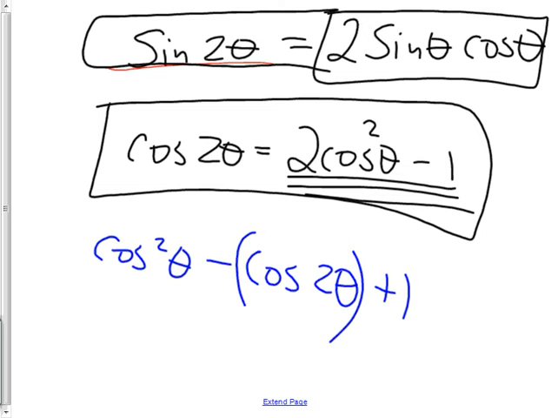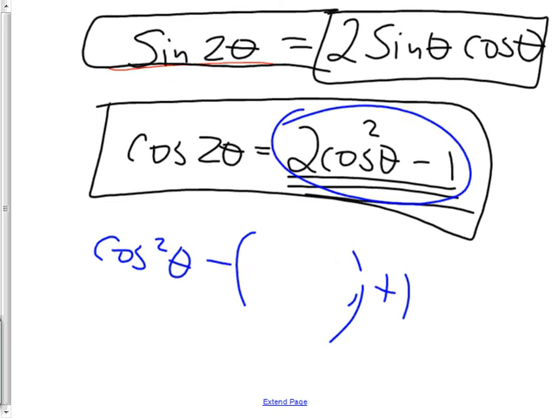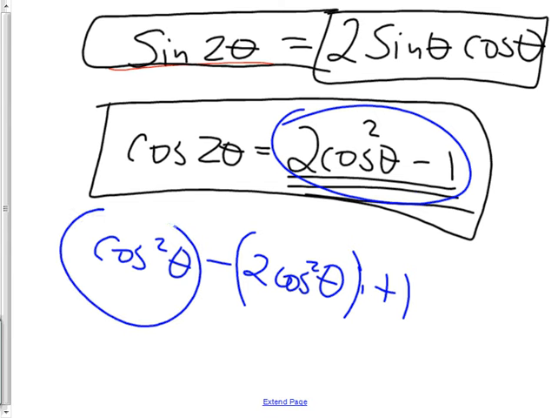So how would you have done this one? You erase cosine 2 theta, and instead you put in this 2 cosine squared theta minus 1. Okay, now do you get that this and this can go? I thought you were just blurting stuff out, but you were blurting out right answers.